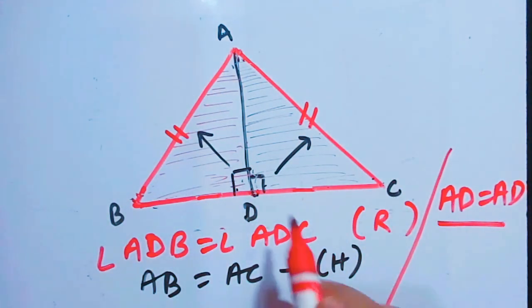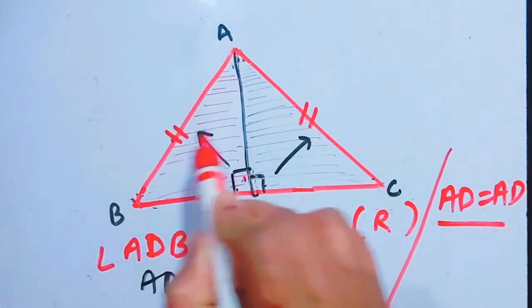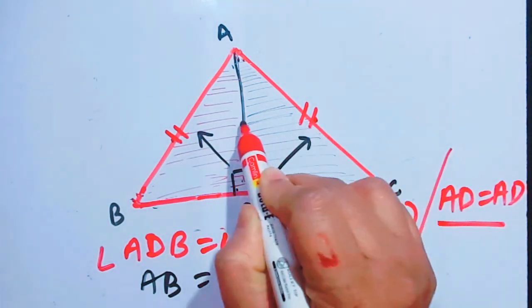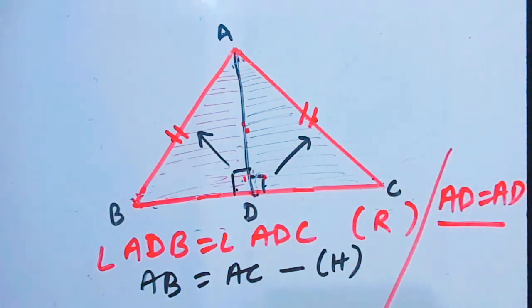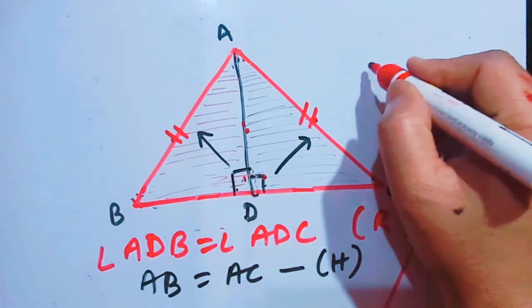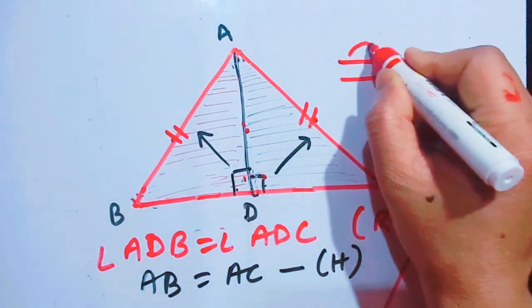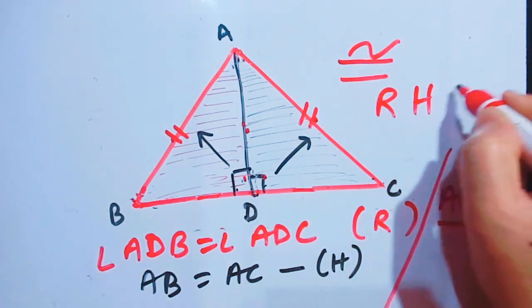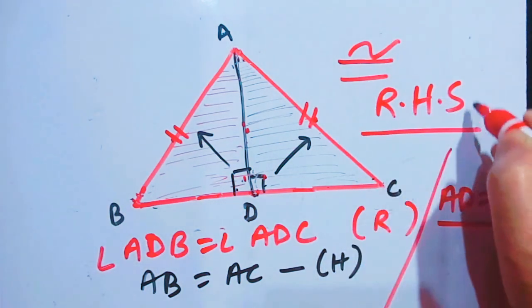So he finds right angle, hypotenuse and side. Similarly he finds right angle, hypotenuse and side, as congruent. So here also, in spite of not giving you BD is equal to DC, the two triangles are congruent by the condition RHS, right angle hypotenuse side.